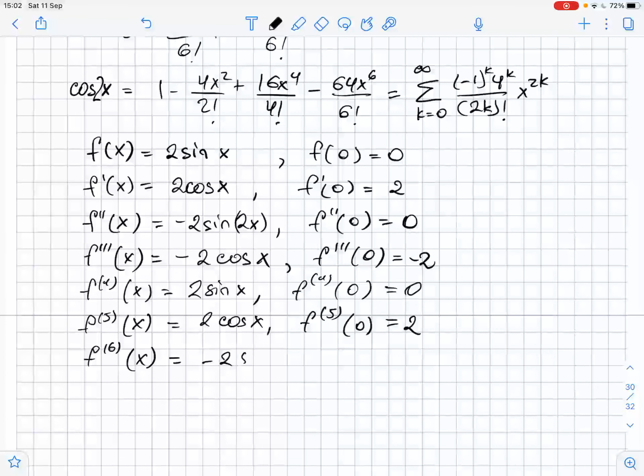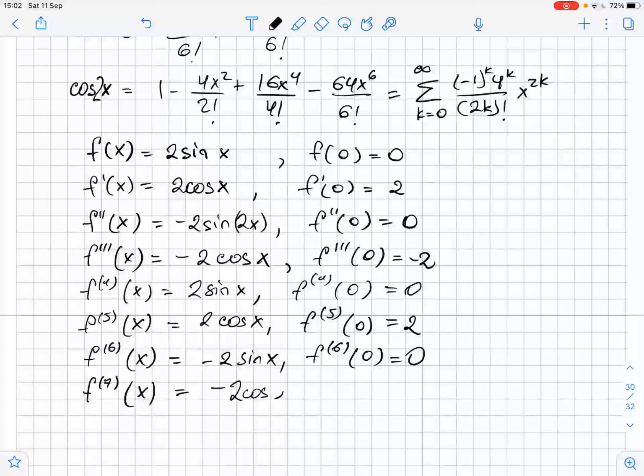The sixth order derivative of f(x) equals -2 sine of x, and then the sixth order derivative at 0 equals 0, and the seventh order derivative of f(x) equals -2 cosine of x.